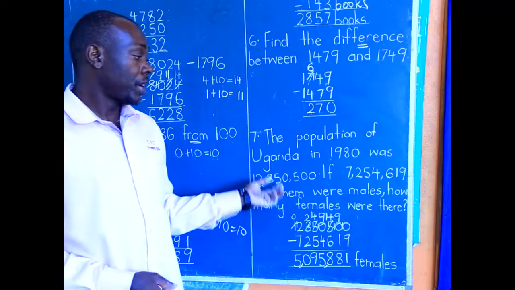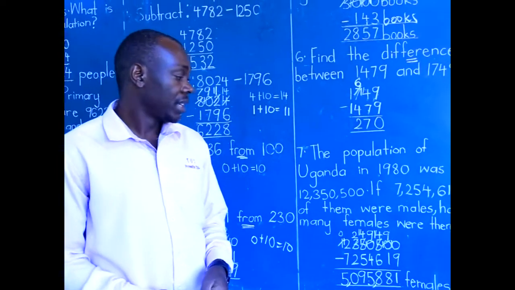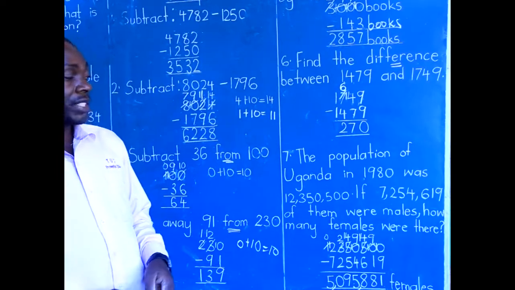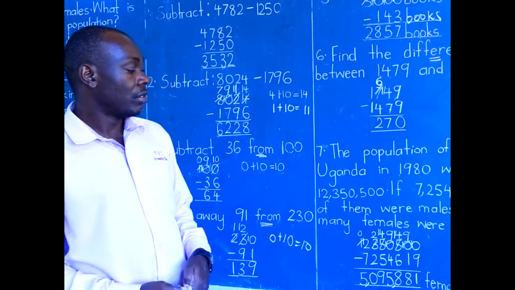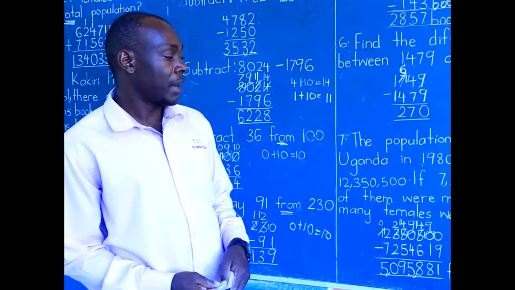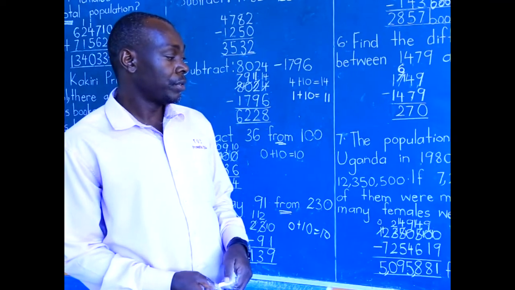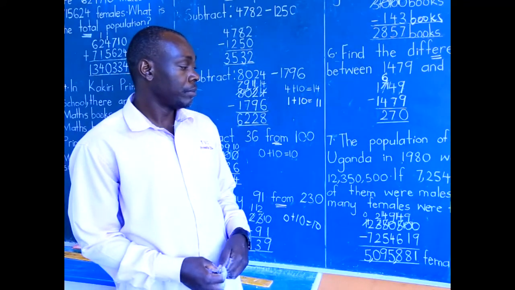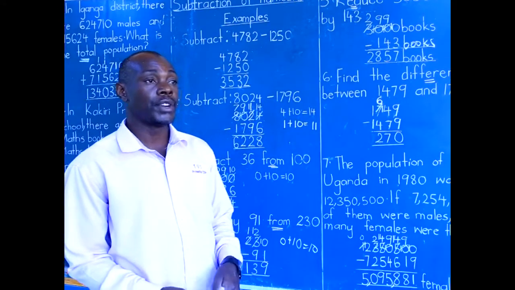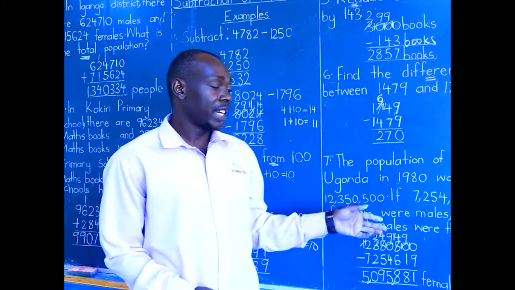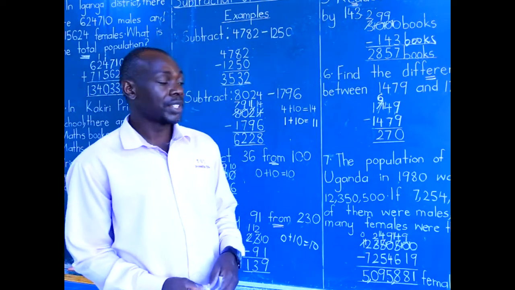If you have a total population and they give you males, then the females will be got by subtraction. Likewise, if you have a class of 60, of whom 50 are males, and they ask you for the number of girls, you subtract. You get 60 minus 50, you get the girls as 10.